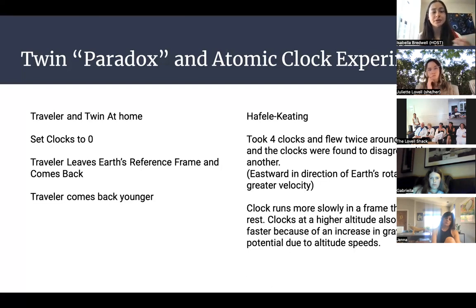And also the earth is an inertial reference frame. So the earth is moving too. So the times that you see on earth wouldn't necessarily be the same as on other planets. But yeah, in this scenario there's also a paradox, because they ask: if one twin is moving at the speed of light and getting somewhere, wouldn't the other twin at home have his clock also run slower? But in these contexts, only the person that's moving matters.